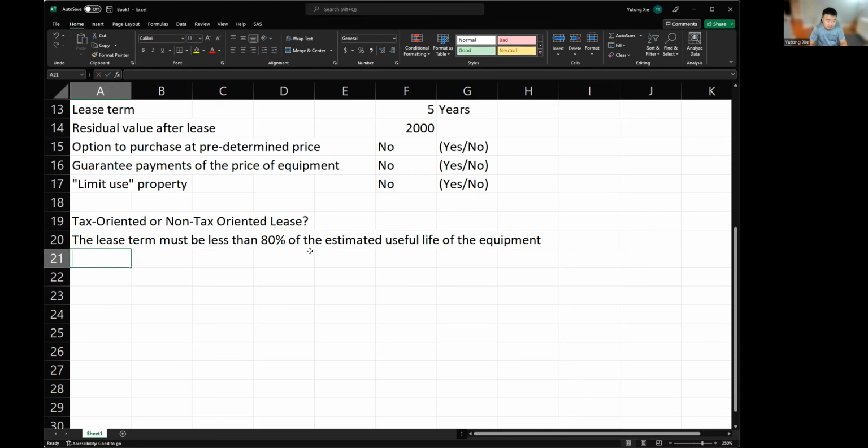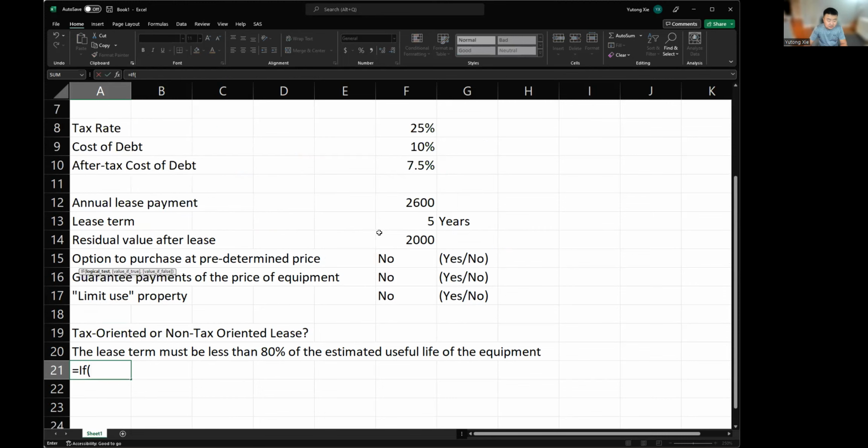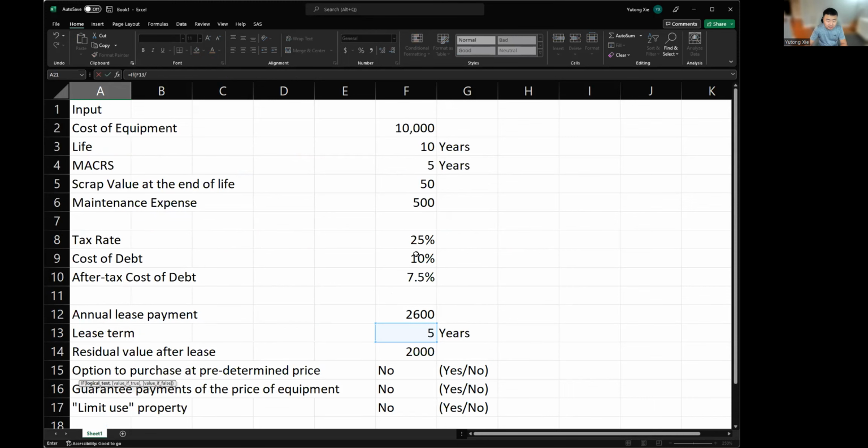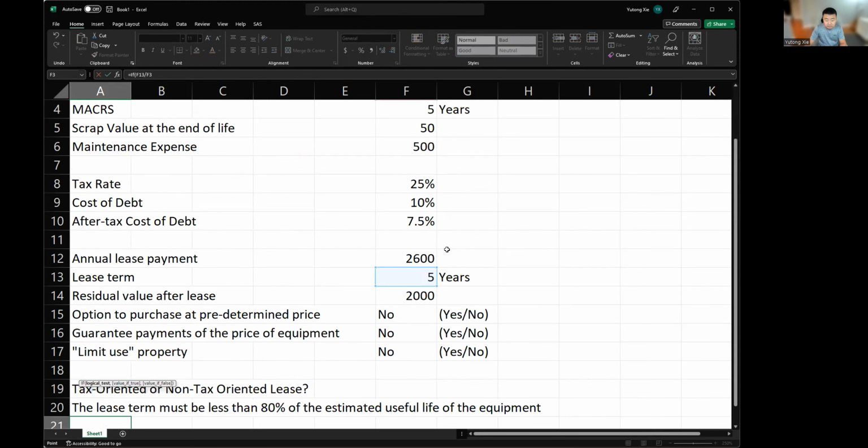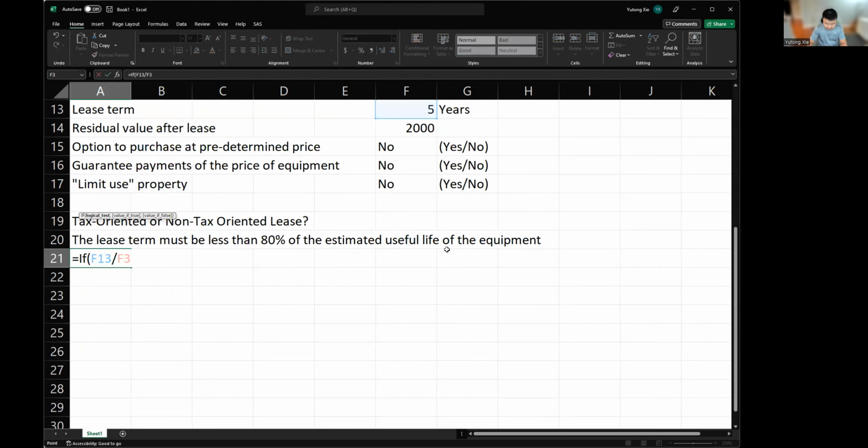Okay, so we want to use an if statement. If the lease term divided by life is less than 80%, then we say it meets the requirement. Otherwise, we say it fails the requirement.